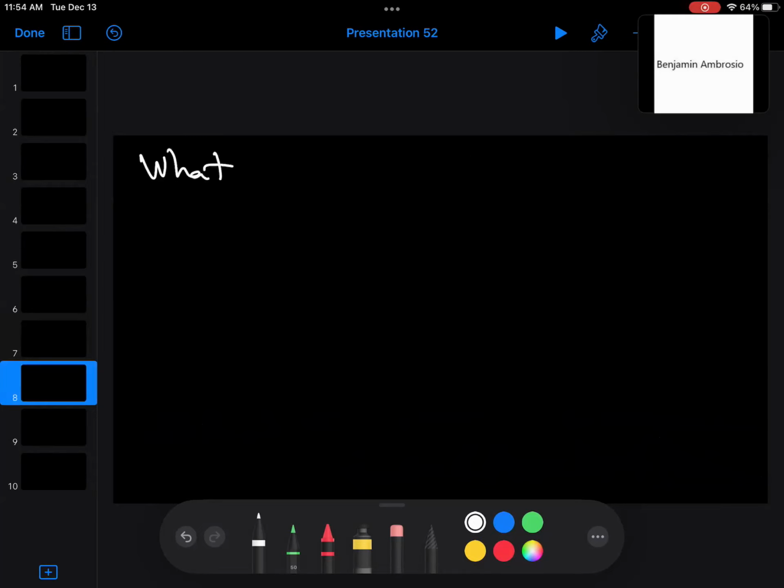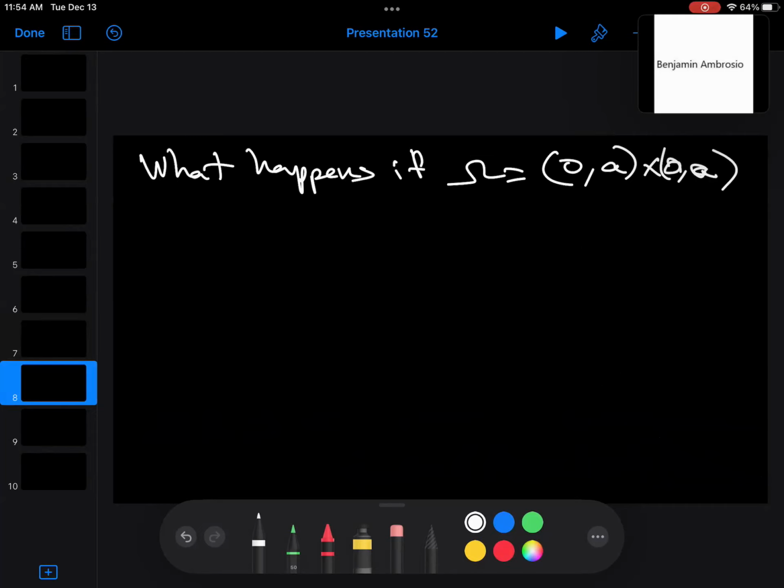So what happens if omega, so we replace the side 1 by A. In this case, in order for things to work, we have to consider phi_kL, for example with phi_00 of 1 equals A squared.